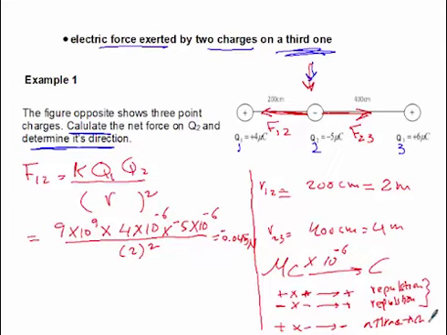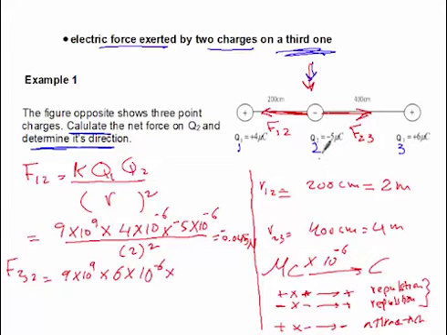So, okay, now let's calculate the other force exerted by Q3 on Q2. So between Q3 and Q2. Again, the same formula with substituting the correct values. We have K, 9 times 10 to the 9 times our charges, Q3 and Q2. This is Q3, which is 6, again converting it from microcoulomb to coulomb, 10 to the minus 6.